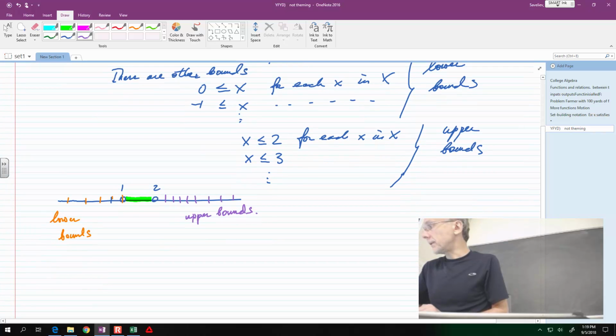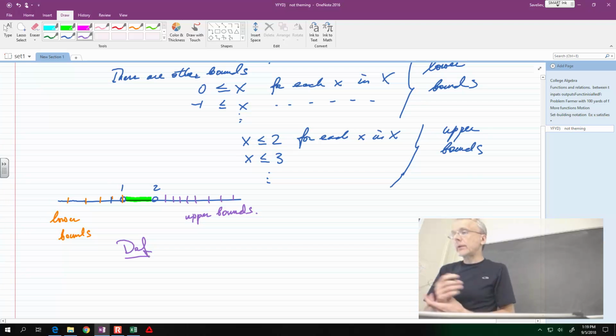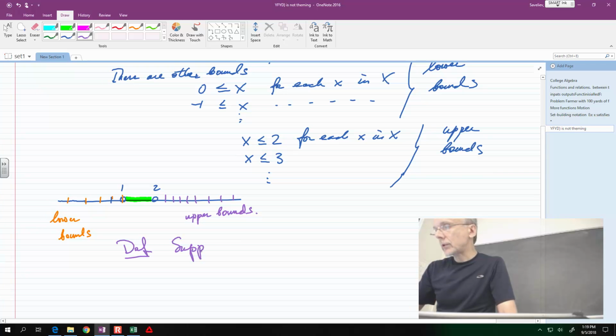Let me define this more precisely. We already almost defined it, so let me define it first, and then we'll see why it is important. Once again, we suppose X is a set of real numbers.